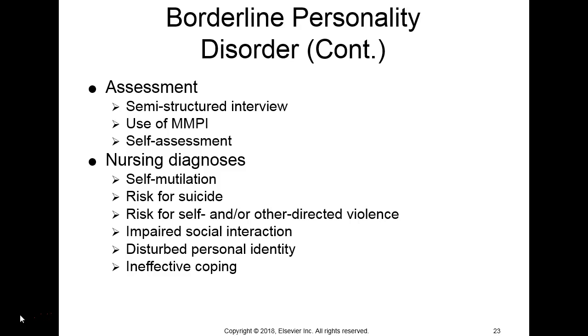There are actual structured ways to look at and diagnose. But of course, we as nurses aren't doing an actual medical diagnosis of this. We are doing our own nursing diagnosis. As far as the medical diagnosis, certainly a psychologist or psychiatrist would be doing assessments to provide information for this diagnosis.